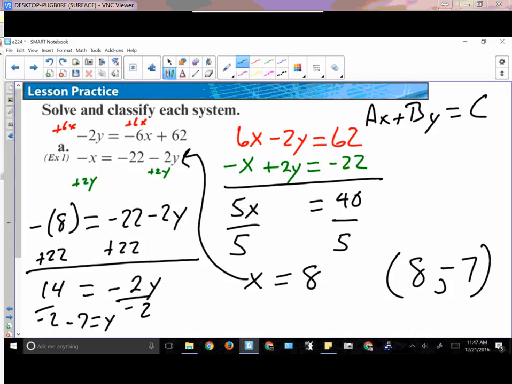Do I want the x on the left side or the right side? Left side. When I'm looking at this equation here, is this x on the left side? And the answer is no. How do I get it over there?